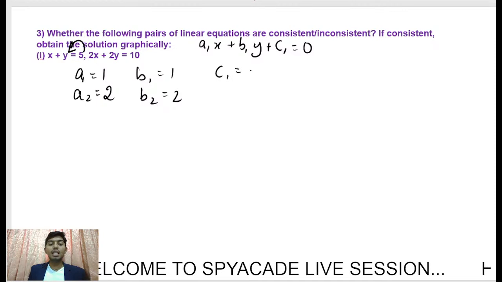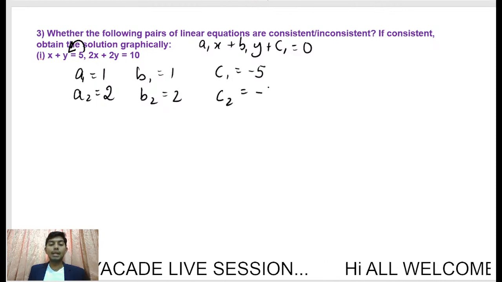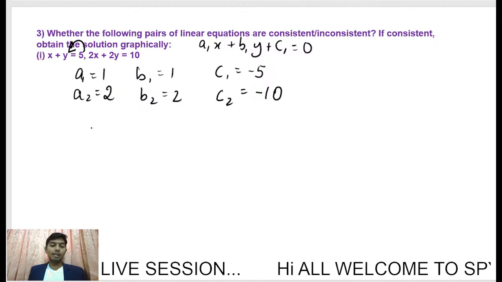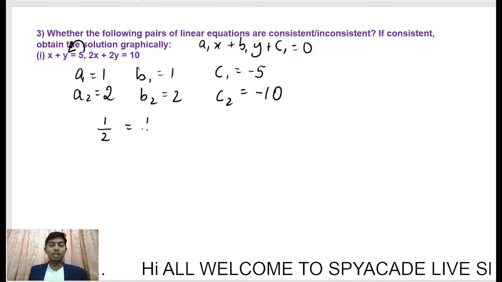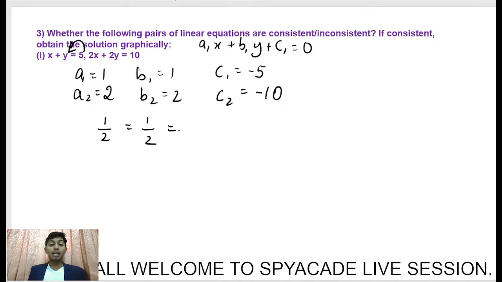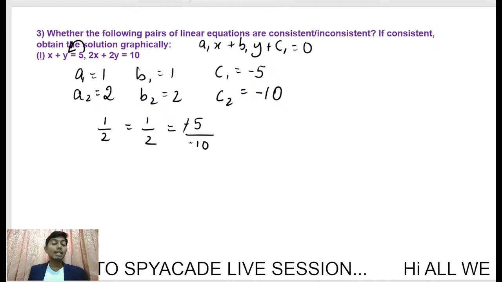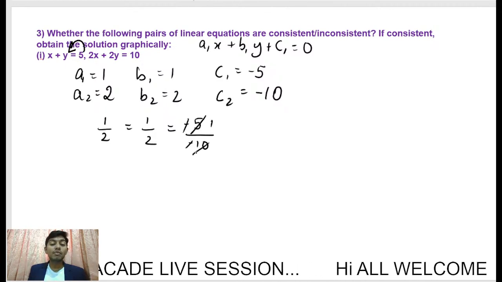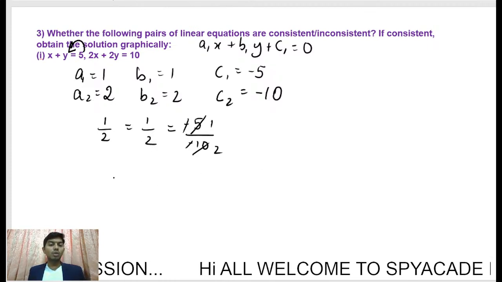So I am writing C1 as minus 5 and C2 as minus 10. Right? Now let us solve: 1 by 2 is equal to 1 by 2, that is equal to minus 5 by minus 10, where minus and minus will get cancelled. 1 5 is 5, 2 5. So everything is equal to 1 by 2.